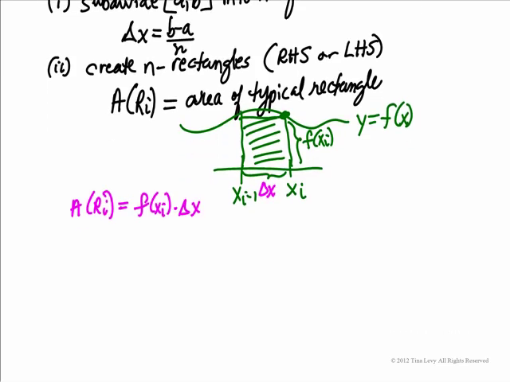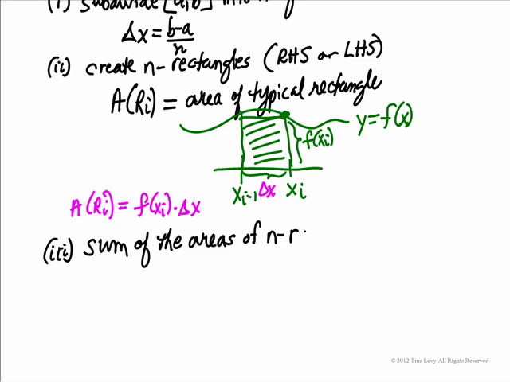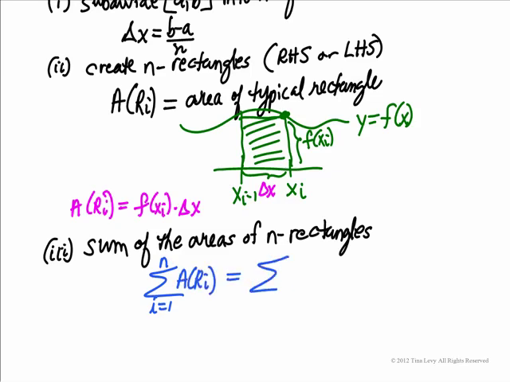Our third step is that we are going to sum up all those. We're going to get the sum of the area of the n rectangles. That is the sum as i goes from 1 to n of those areas, which is the sum as i goes from 1 to n of f of x sub i delta x.